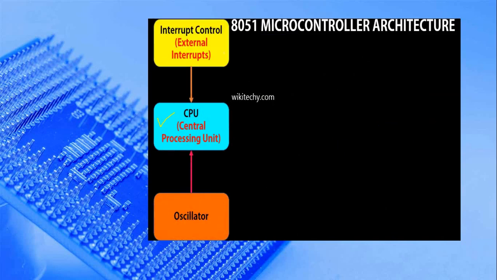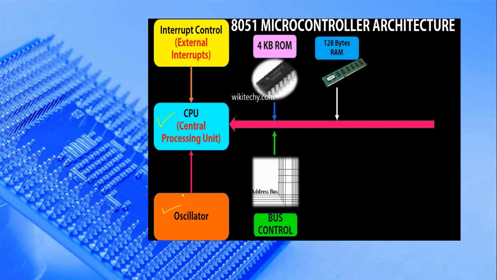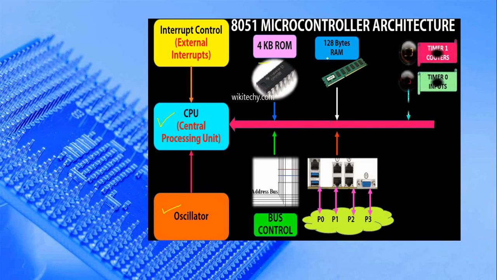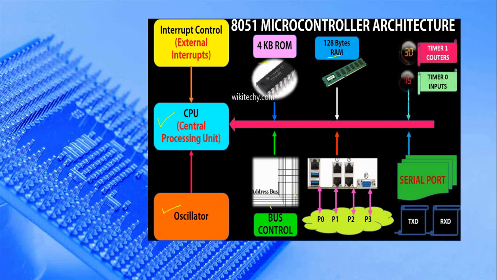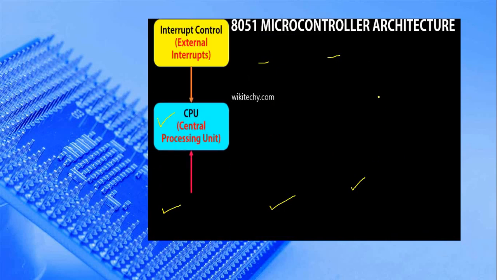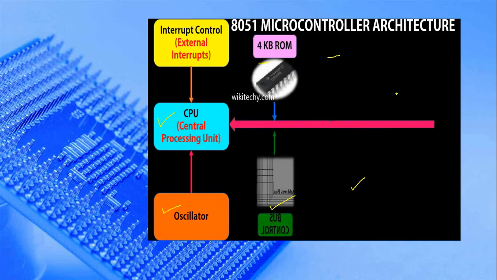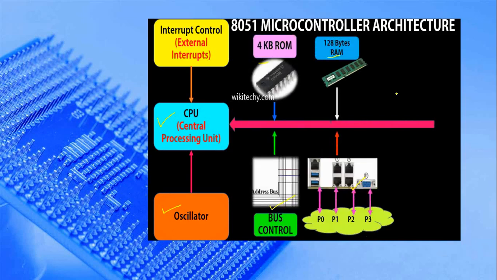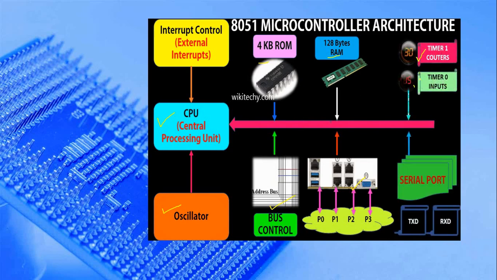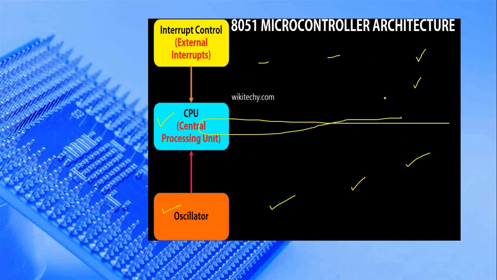Then the interrupts unit, internal and external, oscillator circuits, the memory unit, that is 4 KB ROM and 128 bytes of RAM, bus control, 4 IO ports, timer circuits, timers and counters, and also a serial port. All are connected together in a single IC. That is an embedded controller. We discussed this in our first class.